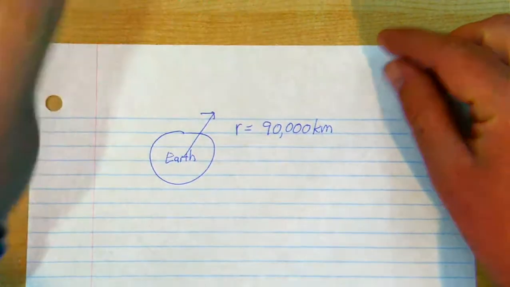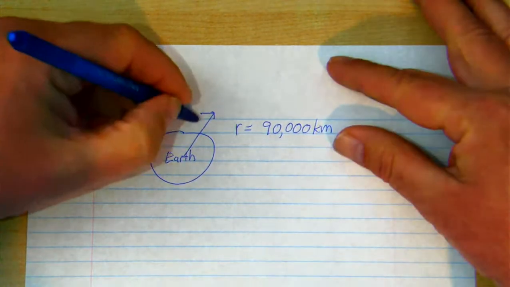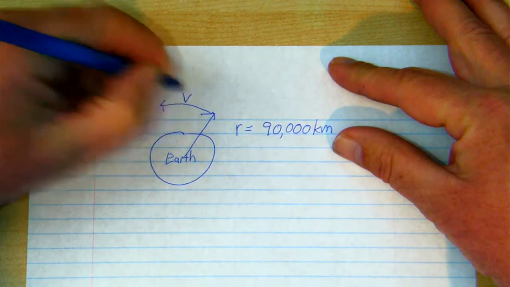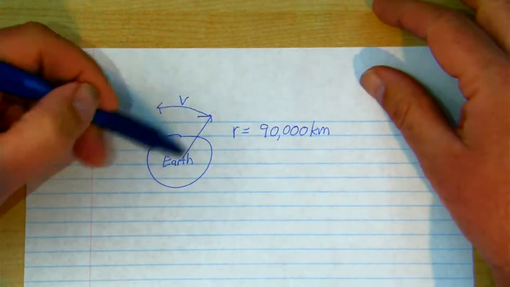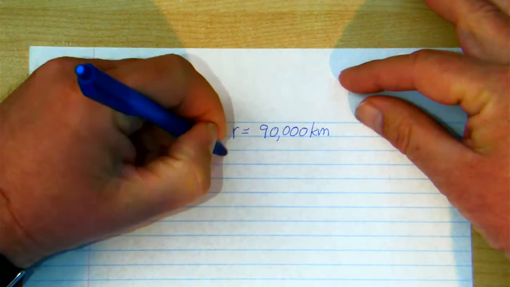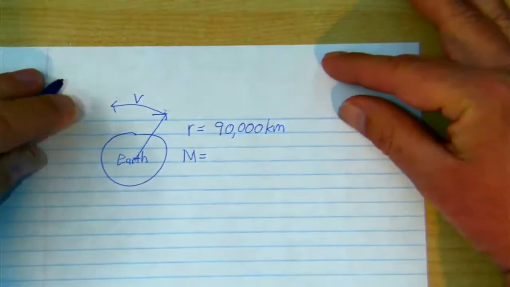And we'll treat it as if it's 3 sig figs, although it's written to just 1. And calculate, please, what will be the velocity of a satellite orbiting the Earth at an orbital radius of 90,000 kilometers. Of course, you'll need to use the mass of the Earth in this calculation.